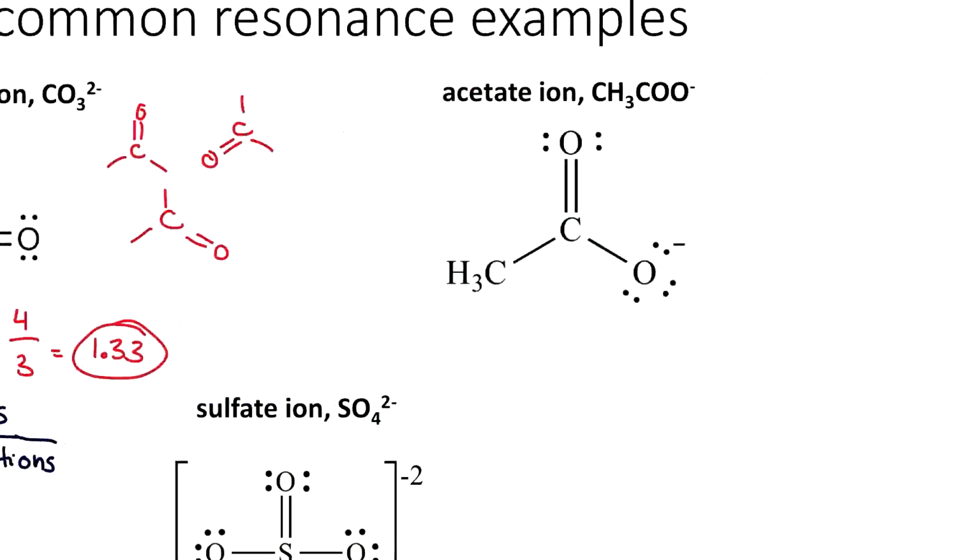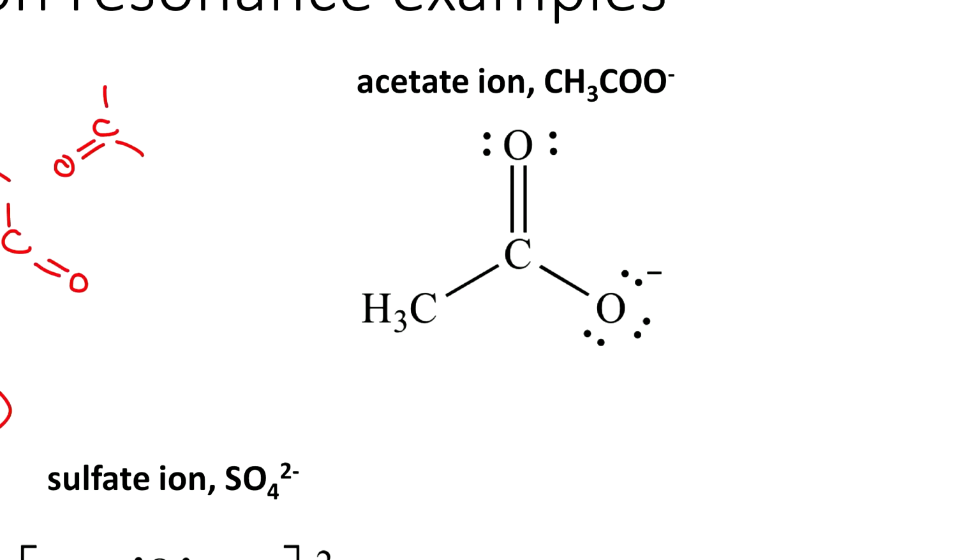All right, let's look at acetate. Here's another example. Notice the carbon there in the center has a complete octet because there's a double bond to oxygen there. So it's the same idea. We have a carbon-oxygen double bond, but do I have to put that double bond there? Nope. Where else can I put it? I can put it down here, but can I put the double bond here?